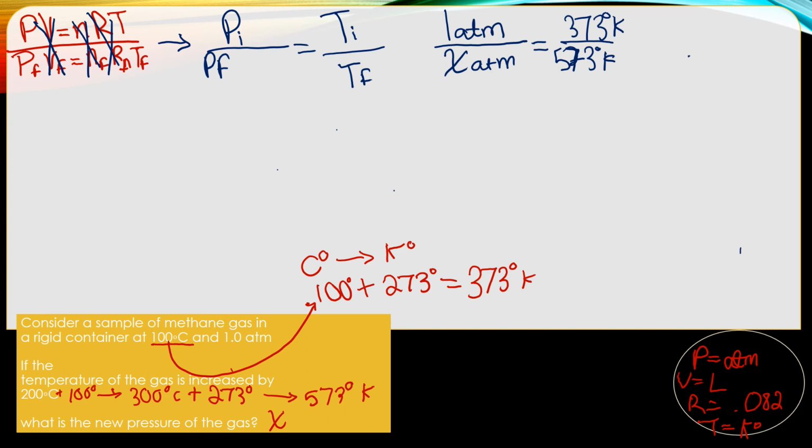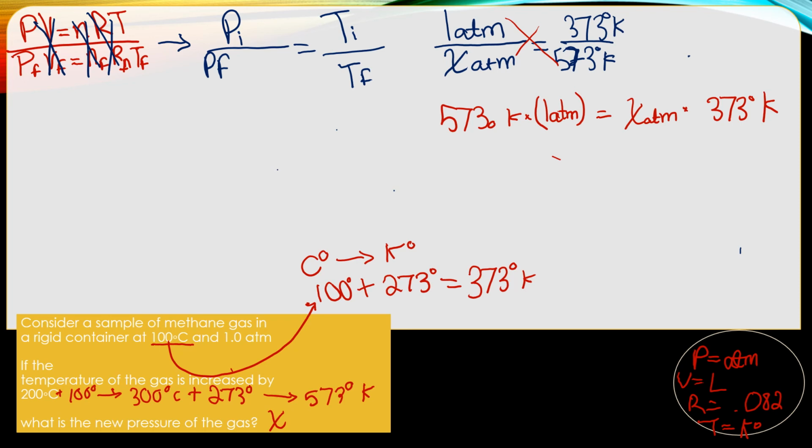So, in basic math, we just cross multiply these two, and I'm going to write it here: 573 degrees Kelvin times 1 atm equals x atm times 373 degrees Kelvin.